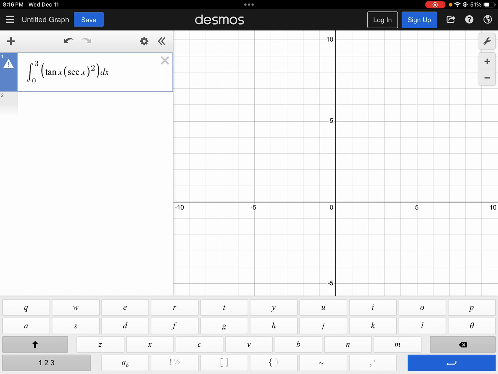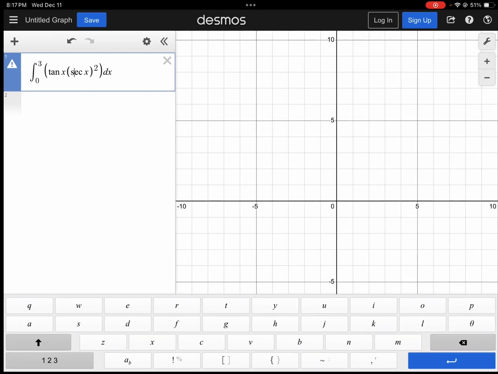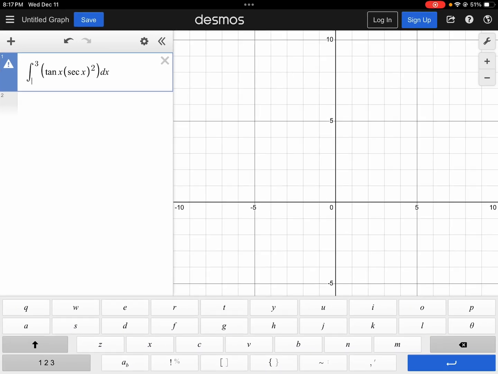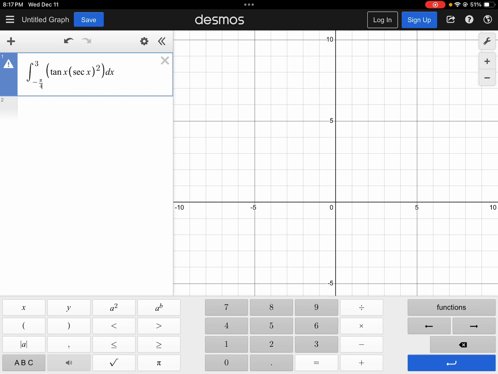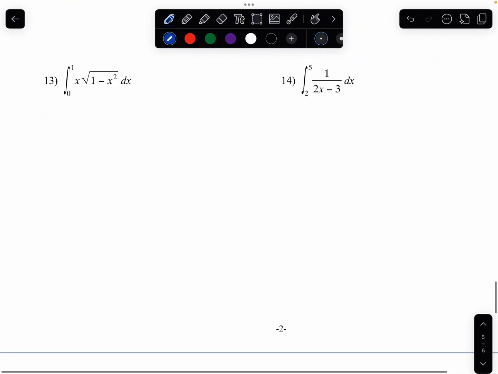Tangent of x, secant squared dx, and that was from -pi fourths to 0. Something's not working here. Okay, just need to add another parenthesis there. Get -1/2. There we go. Okay, last two.